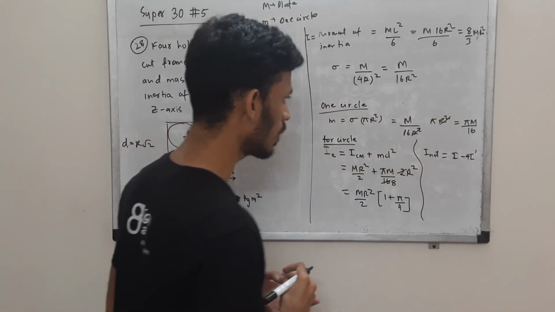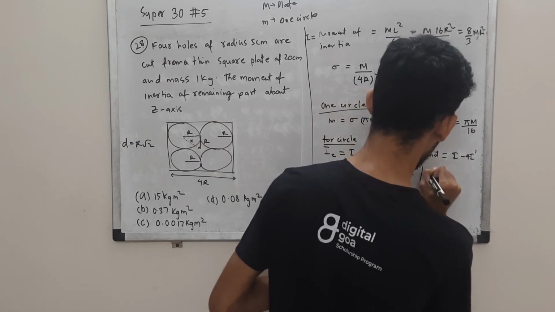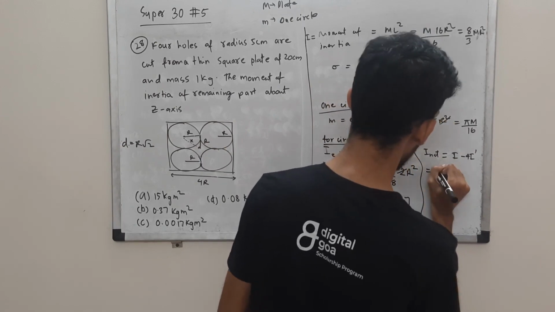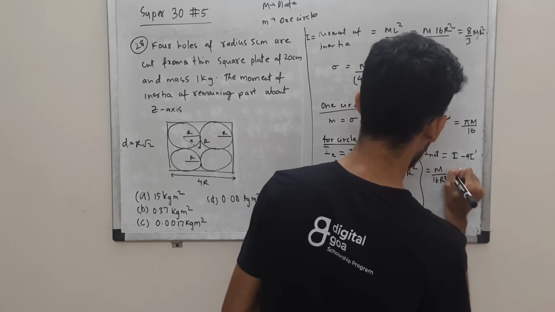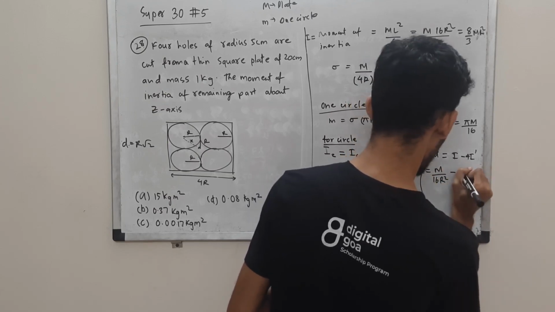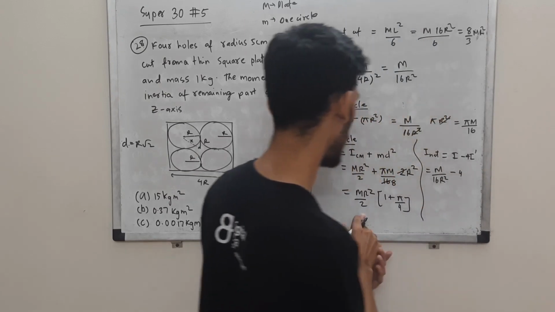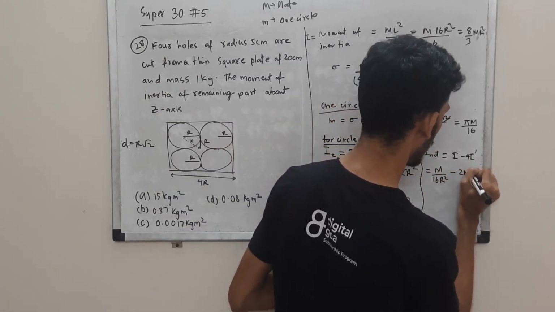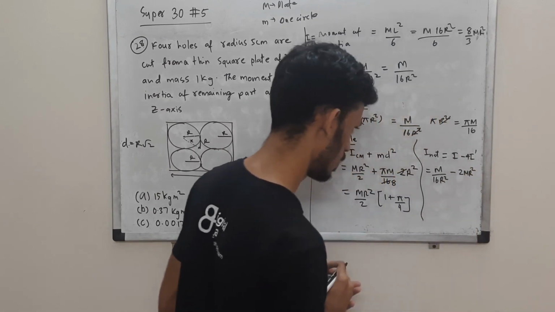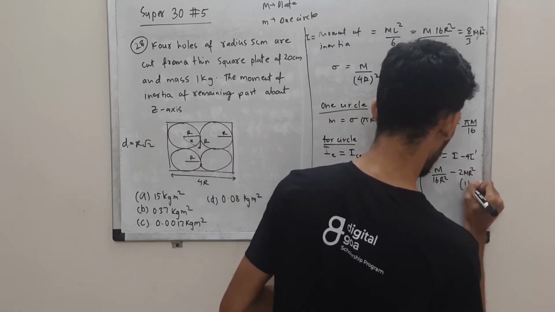So I is m by 16 r square minus 4 times this. 4 times this, I can actually write as 2 mr square into 1 plus pi by 4.